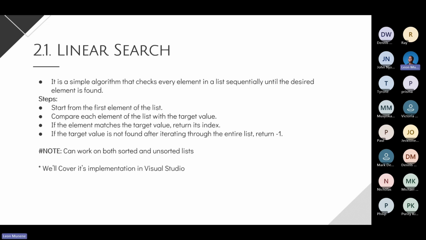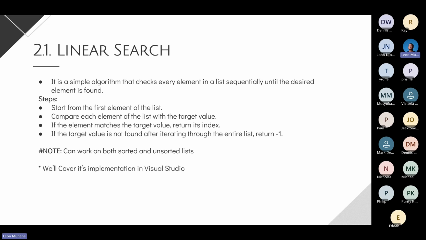One thing to note about linear search algorithms is that they have the advantage that they can work on both sorted and unsorted lists. Sorting algorithms we'll cover later, but for linear search, that's one of their biggest strong suits.